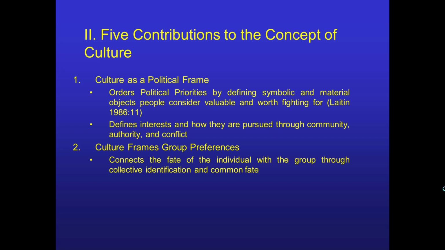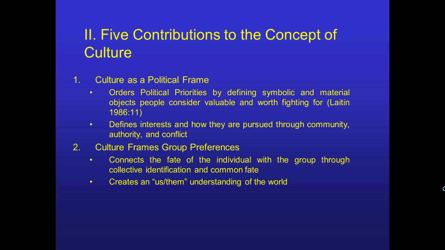Why do people believe the things that they believe? Because group preference connects the fate of the individual with the group through some collective identification and common fate. And what this does, and this is very, very important, is that connecting to the group creates an us-them understanding of the world. Now, this may sound very, very simplistic, but it is one of the most important things to understand about culture.